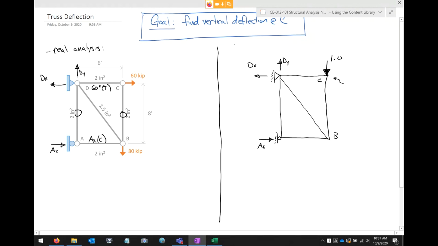How about the virtual structure? How about the virtual analysis? Any zero force members you can identify? There you go. This is definitely a zero force member right there. That's correct. Any other zero force members? And on top of that, we know that this member is 1.0 in compression.